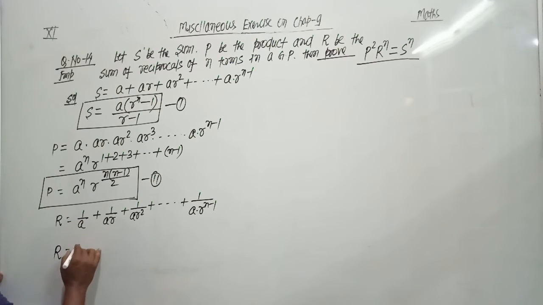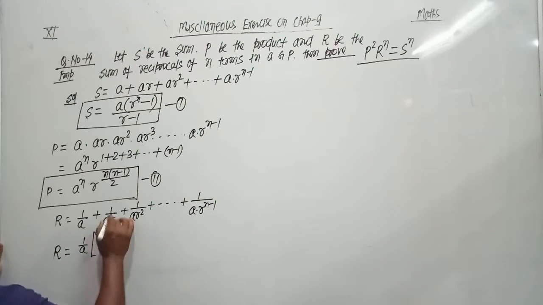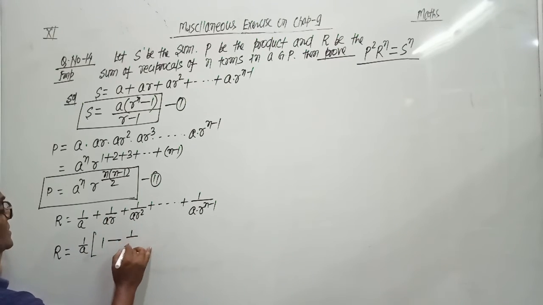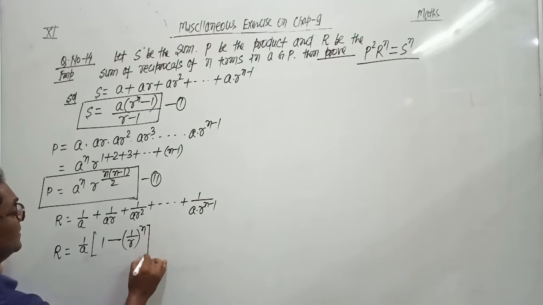So the first term is 1 by A, so A into 1 minus R raised to the power n, where R means the common ratio, which is 1 by R raised to the power n.